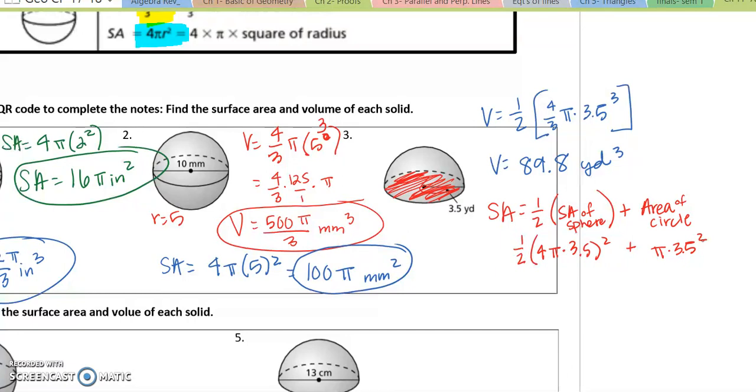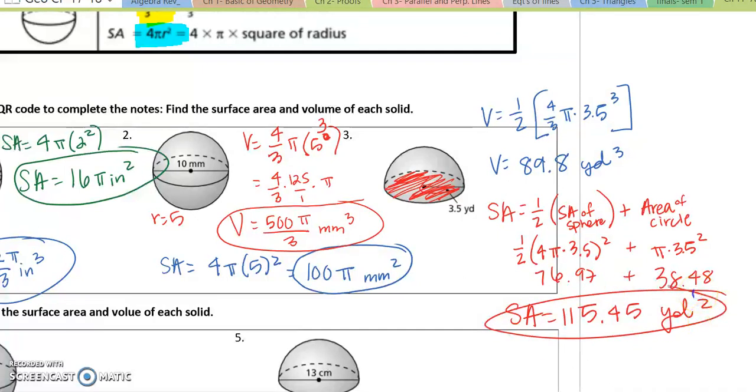For the first part, I would get 76.97 plus pi times 3.5 squared gives me 38.48. And I get a final surface area of 115.45, and area is yards squared.